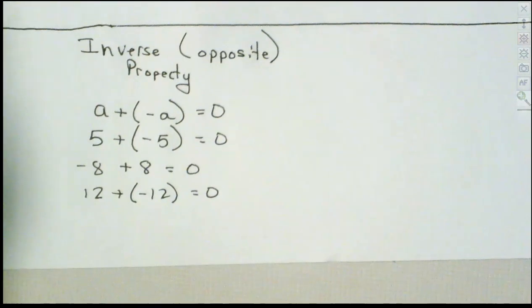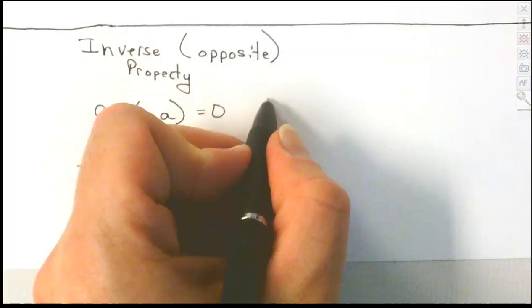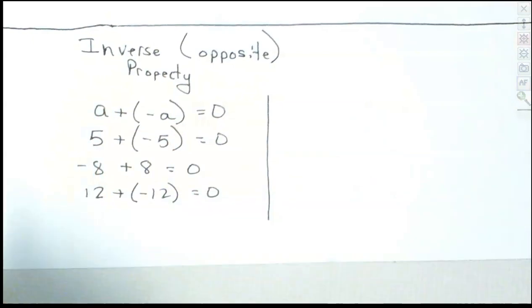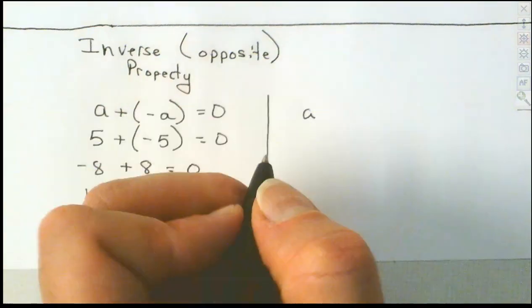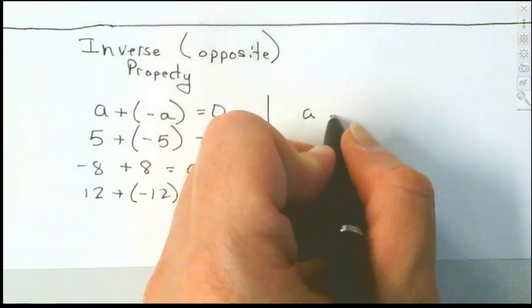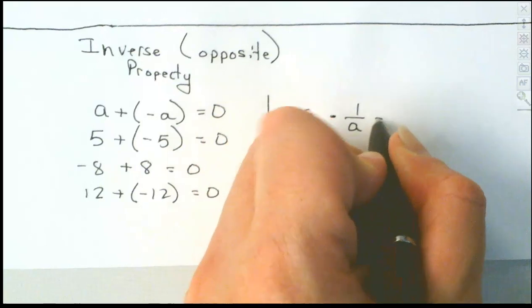That's inverse, opposite. The multiplicative inverse is the reciprocal. So the multiplicative inverse is A times 1 over A is 1.